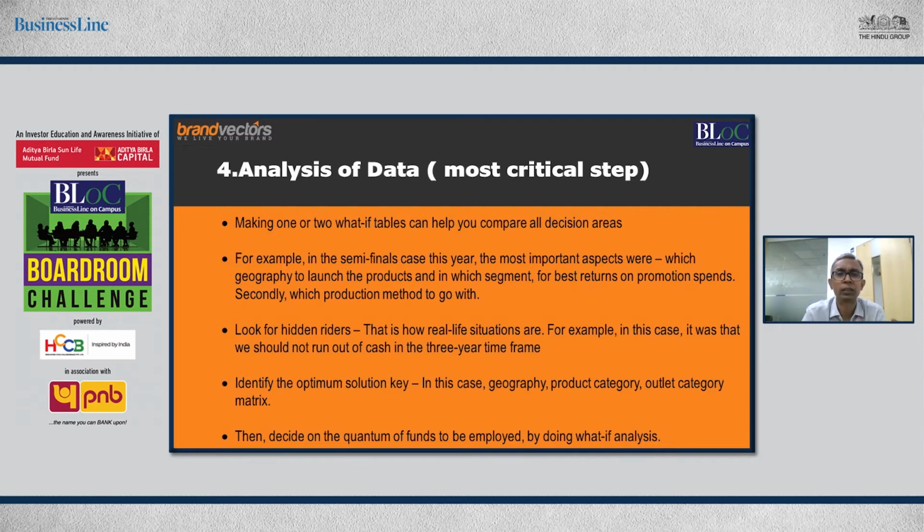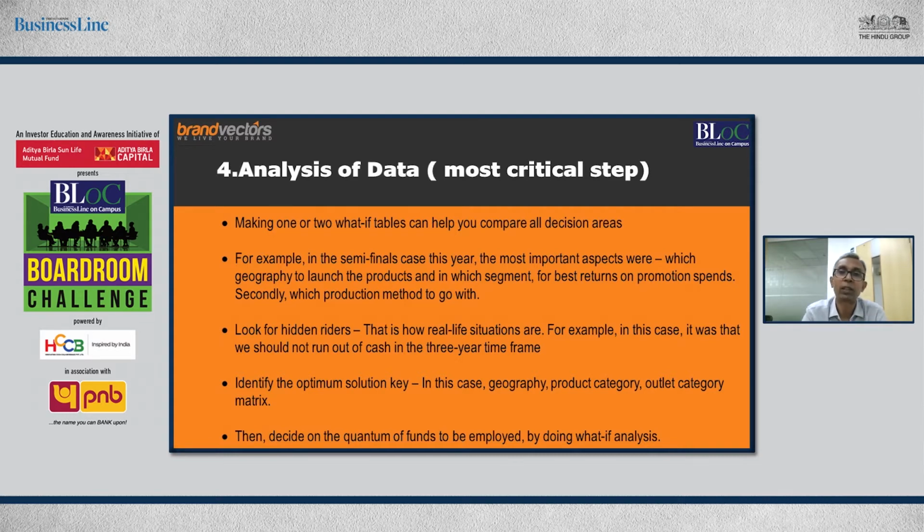Look for hidden riders. In most of these cases, there would be some hidden riders. For example, in the case that we had in this current BLoC, there was a business plan to be done, then there was geography to be chosen, there was product categories to be chosen, but there was a small rider there which said that the company should not run out of cash in 3 years' time.